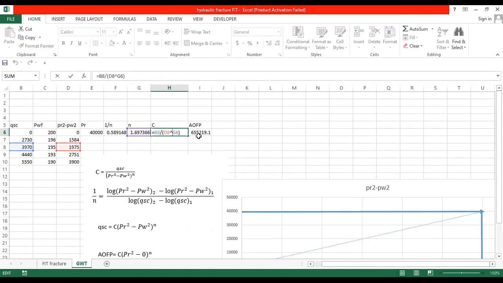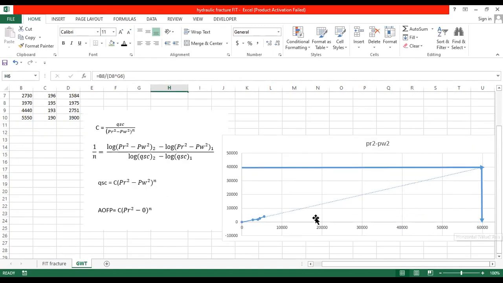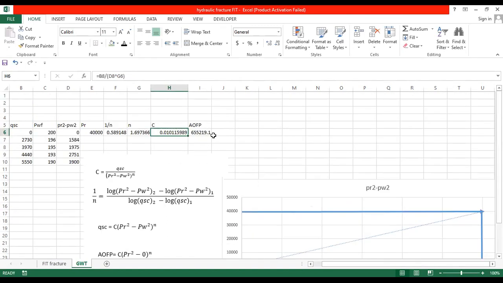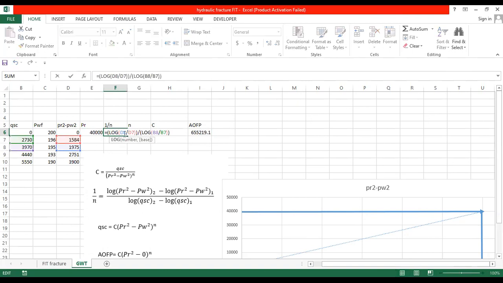We should get the values with respect to five tens. 60,000 means we have to get the value which is corresponding to 60,000. And we are getting 655,219, which is bigger in number. So here log A by log B, everything is correct only.